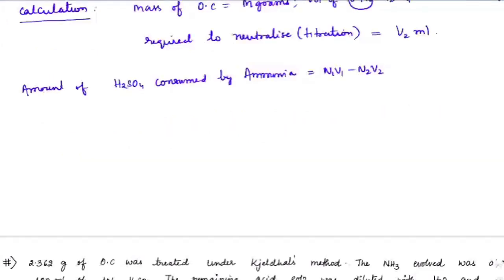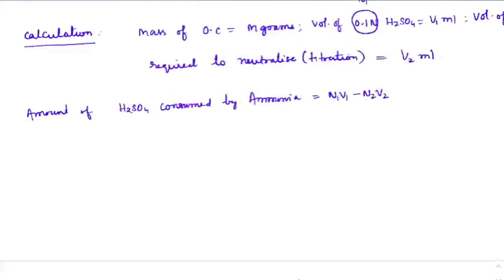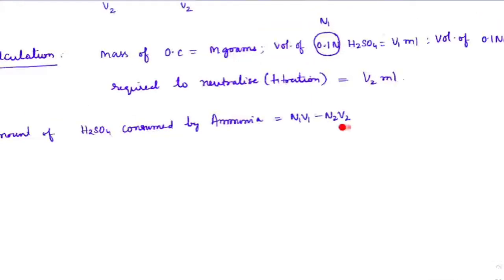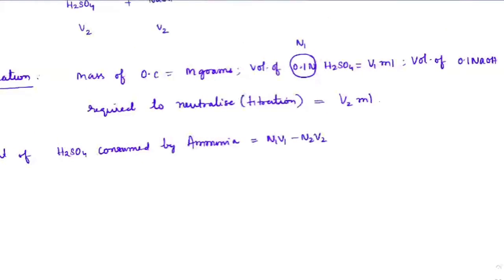So the amount of H2SO4 consumed by ammonia: let us say initially the H2SO4 normality is N1. Standardly we take it as 0.1 in most of the questions if it is not mentioned. The volume of 0.1 normal NaOH we take as V2, and let me take its normality as N2.